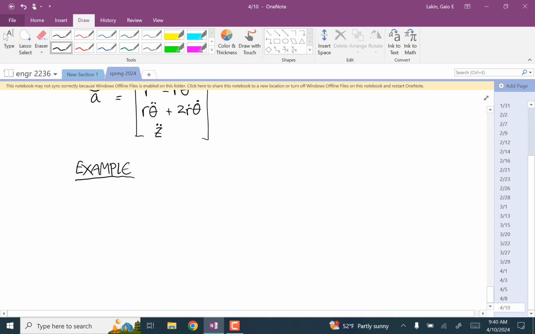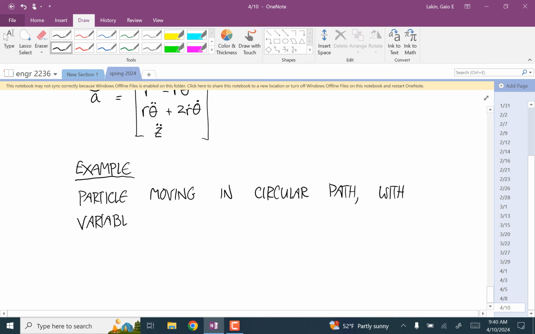So let's say we have a circular path, so we have a particle moving in a circular path with a varying speed.